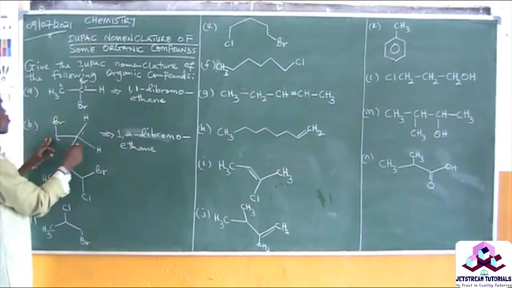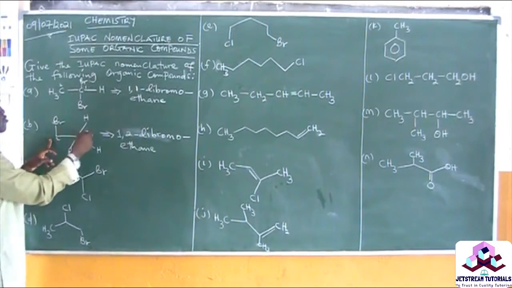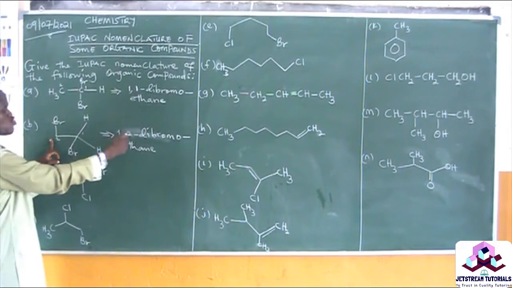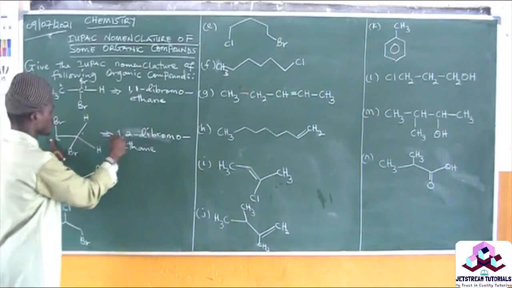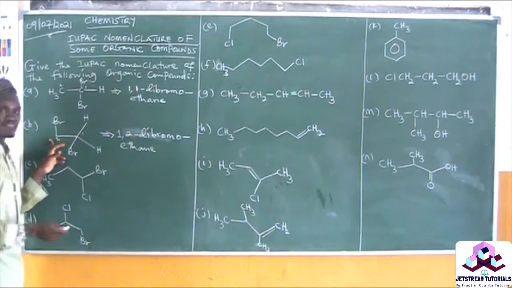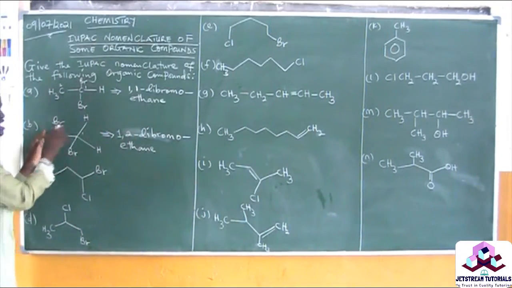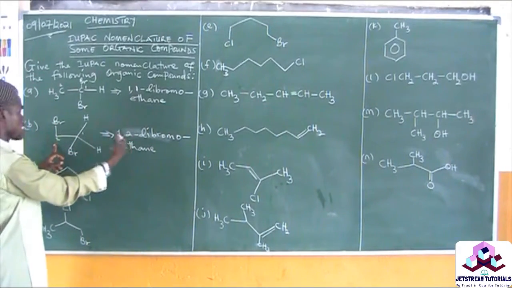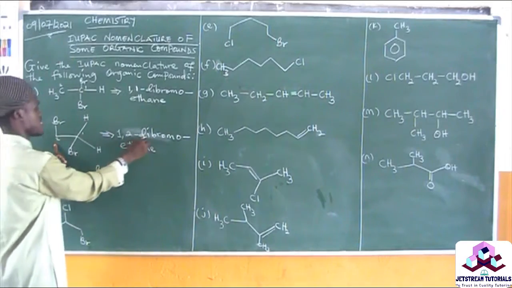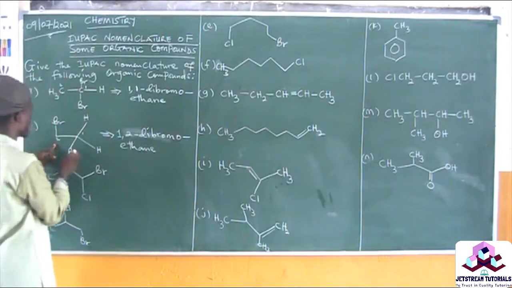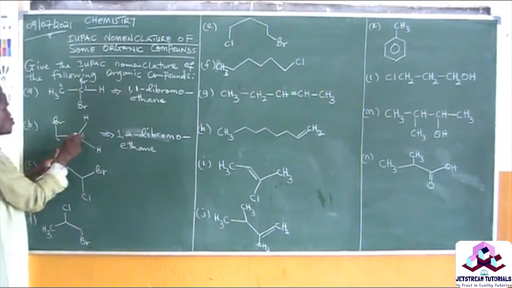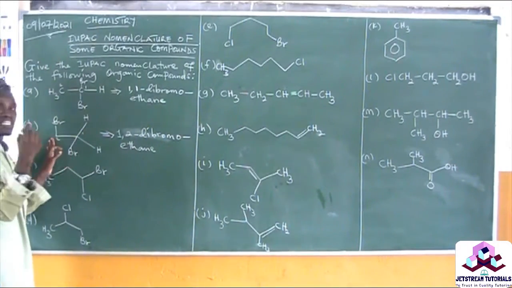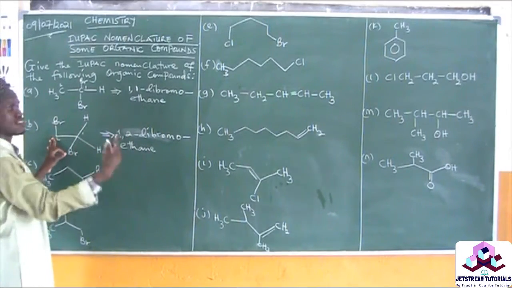We can say 1-bromo, 2-bromo, but instead of repeating, we just make use of 1,2. We use a comma to separate the 2 numbers where the substituent groups are attached. So at carbon 1 and 2, we have 2 bromine atoms on a 2-carbon chain. Since we have 2 carbon atoms on the chain, that becomes eth, that is ethane.